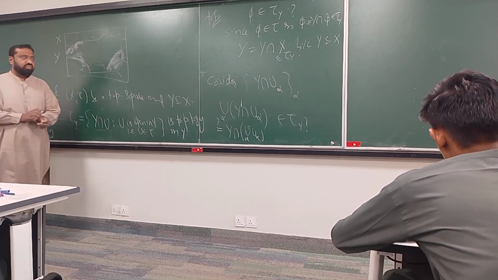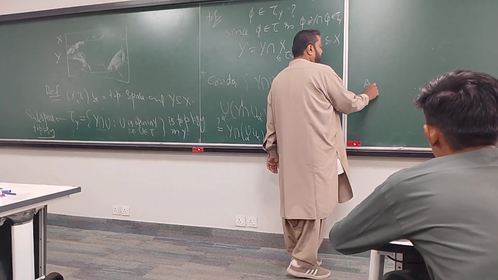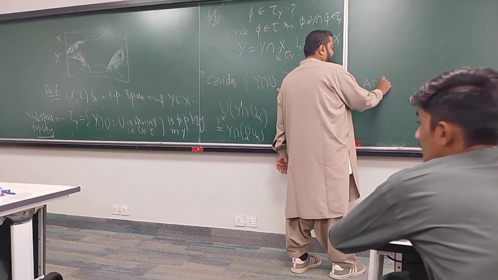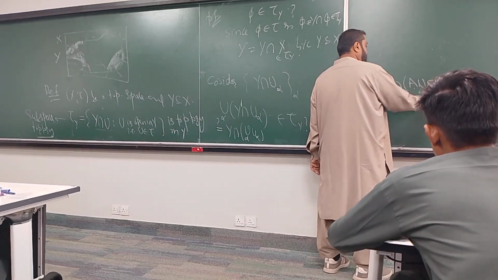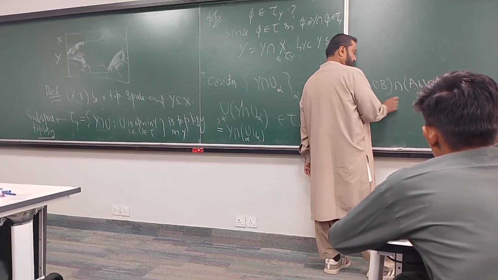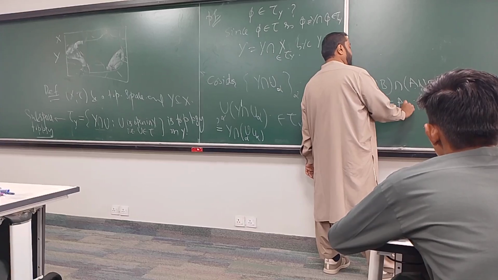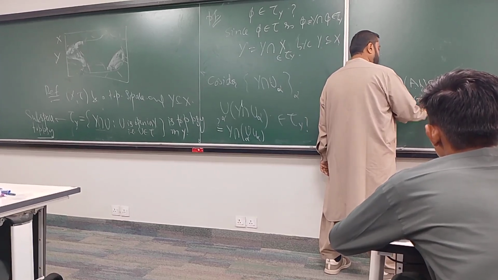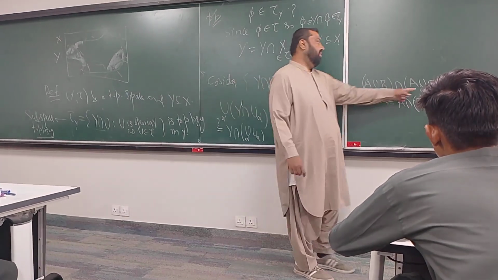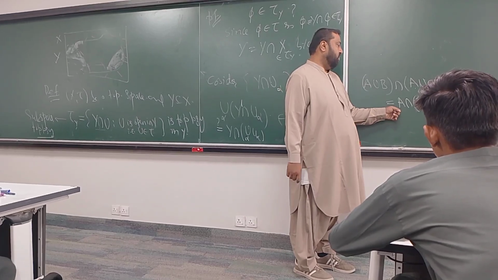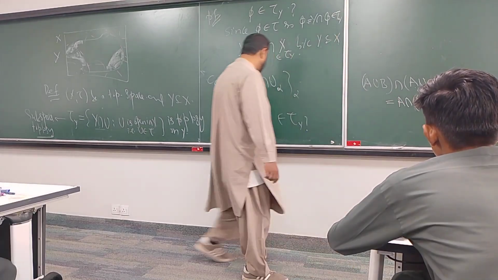What is a concrete form of the distributive law? How does the distributive law look? You have, say, A union B intersected with A union C. This is the same as A union with B intersection C. In other words, what is common between the two unions, that's the distributive law, and that's precisely what we are doing here.